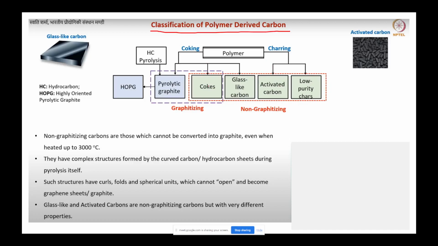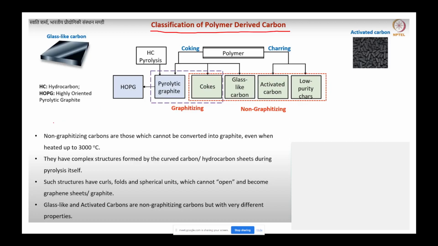Sorry: in coking, coke, glass-like carbon, pyrolytic carbon; and in charring you will form activated carbon and low purity carbons. So this is graphitizing, where you form pyrolytic graphite from your HC pyrolysis and the coking of the polymer. And this is your non-graphitizing: cokes, glass-like carbon, activated low purity carbon.